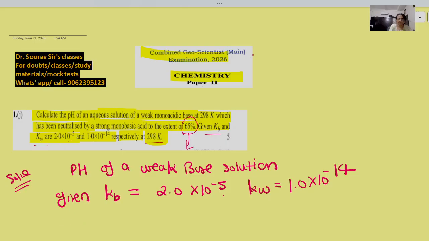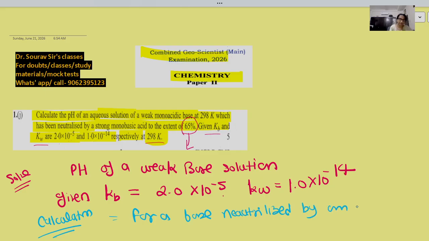Now for the calculation part: a base neutralized by a strong acid, as given in our question.